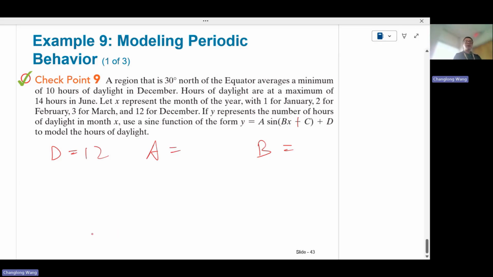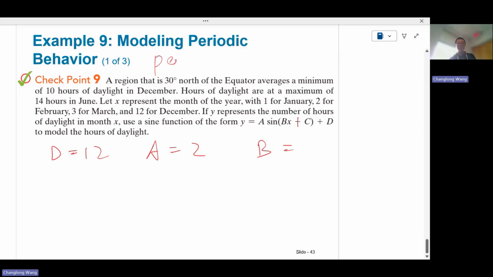Now, as soon as you figure out D, how much is A? It's the amplitude. It's going to go from 12, which is the average, up by how much? 2 units, right? And could go down by 2 units. That's why it's 2, right? So now let's see. The B tells us the period, right?